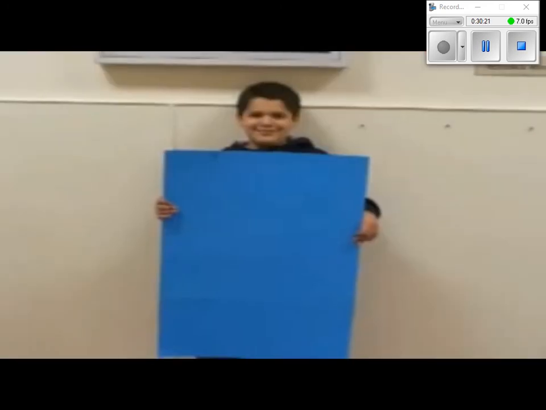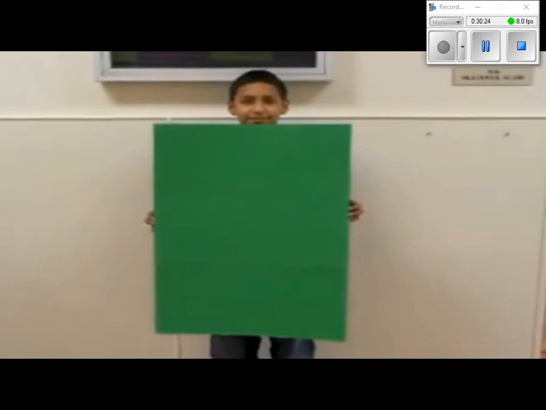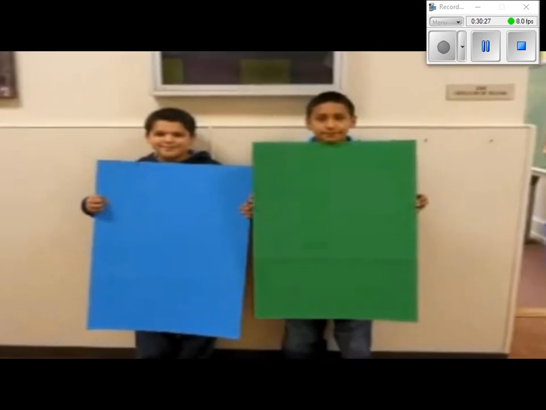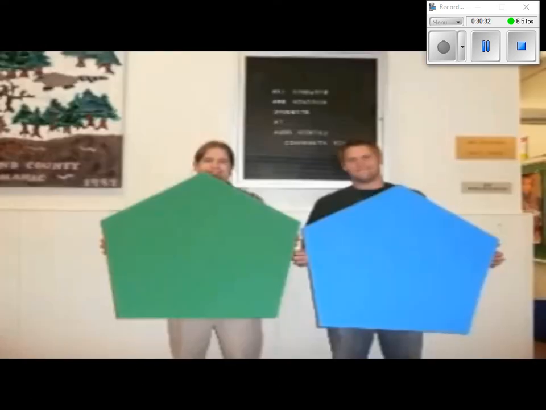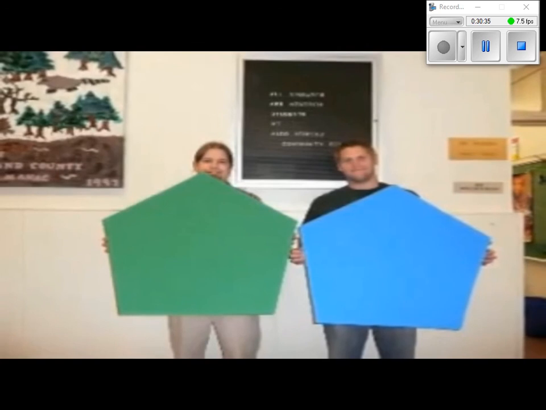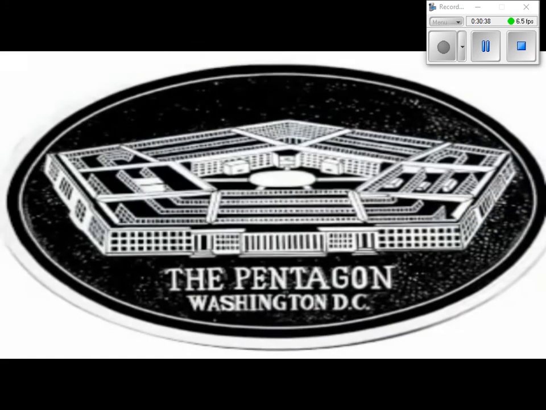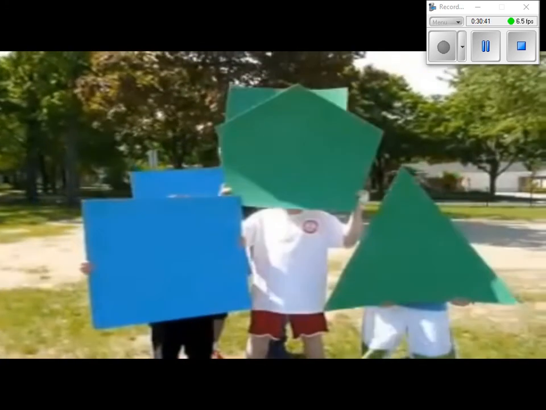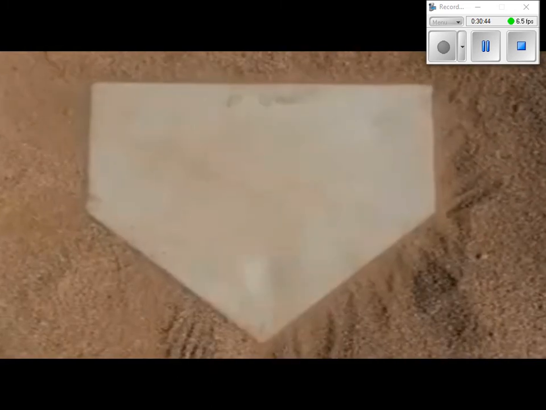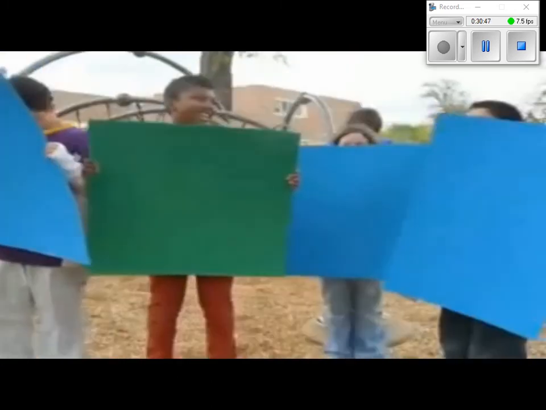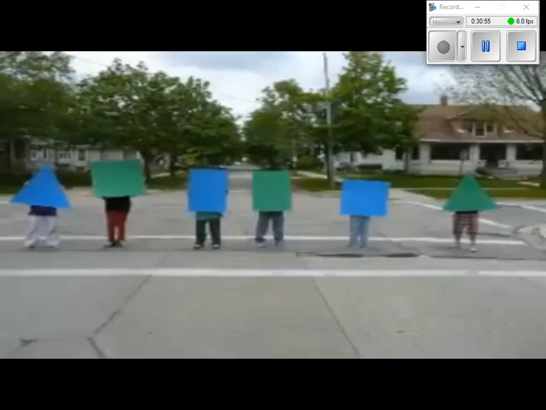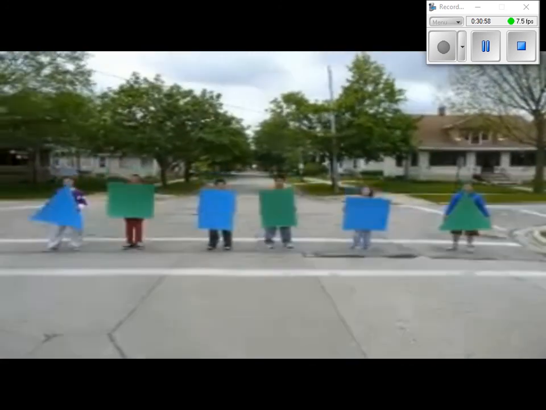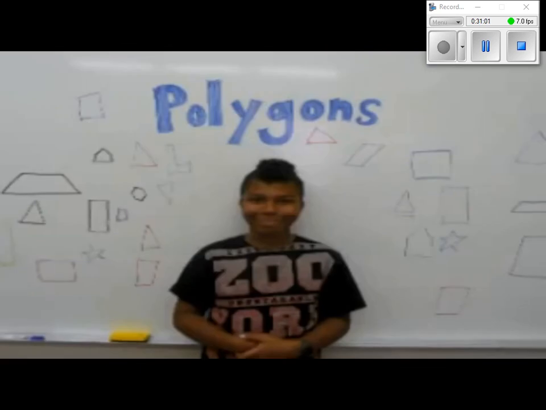I guess if you're a polygon, you're allowed to do that. Yeah, that bread is staying in the middle of the road.